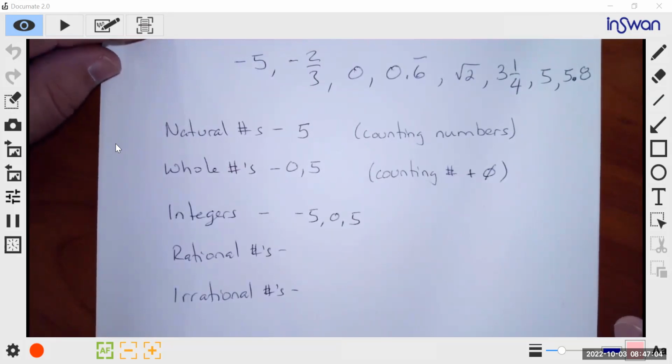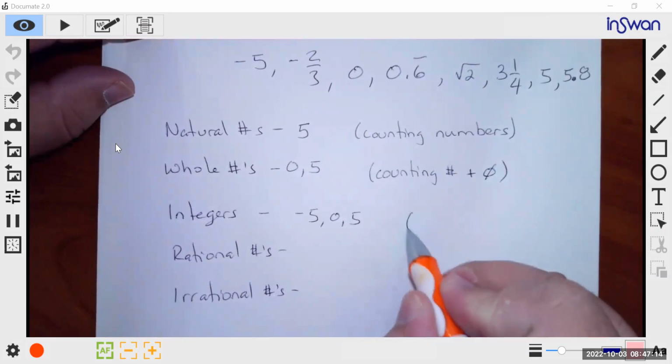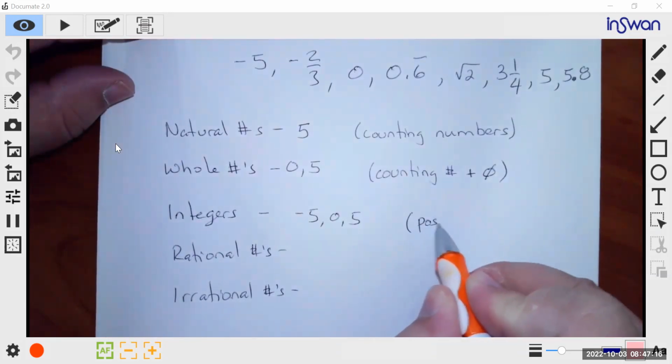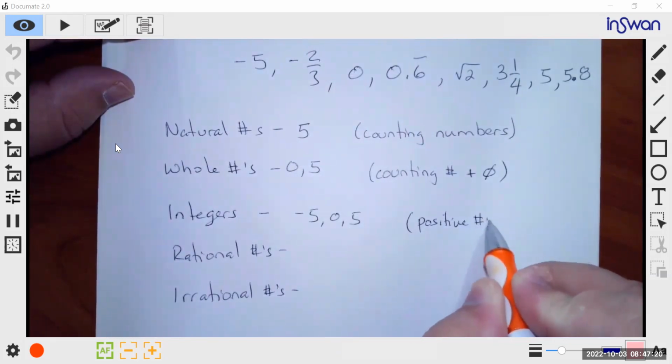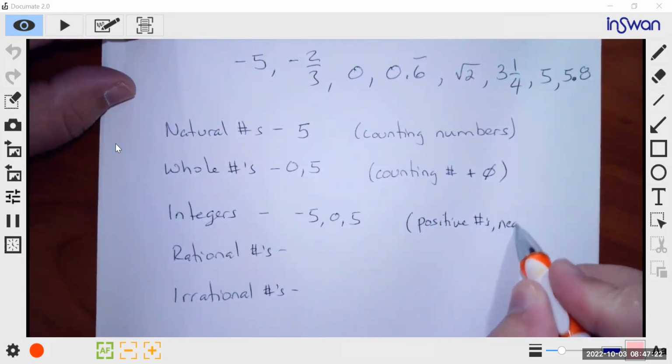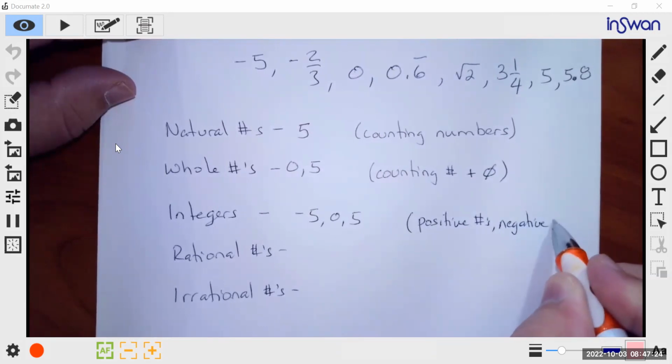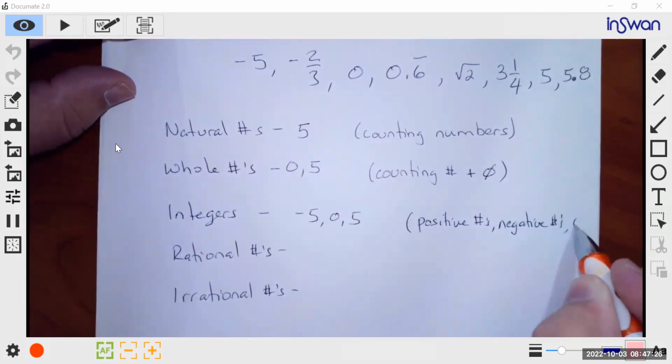How about rationals? Integers are positive numbers, negative numbers, and 0.